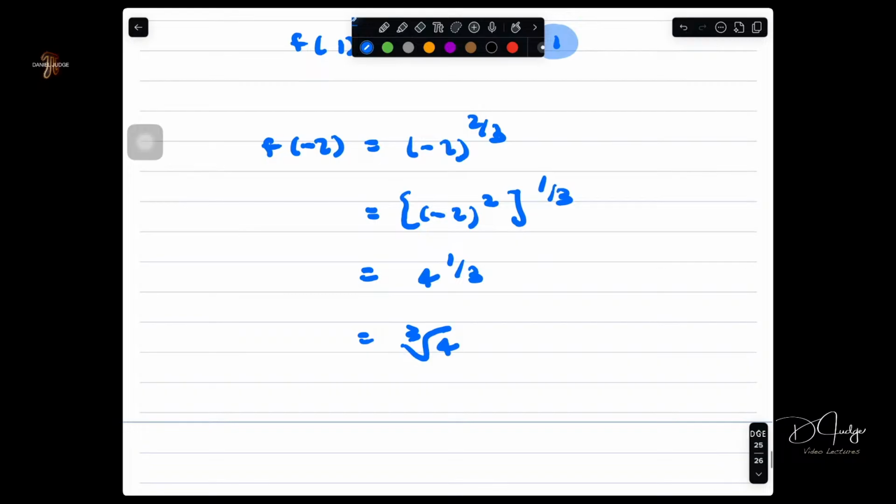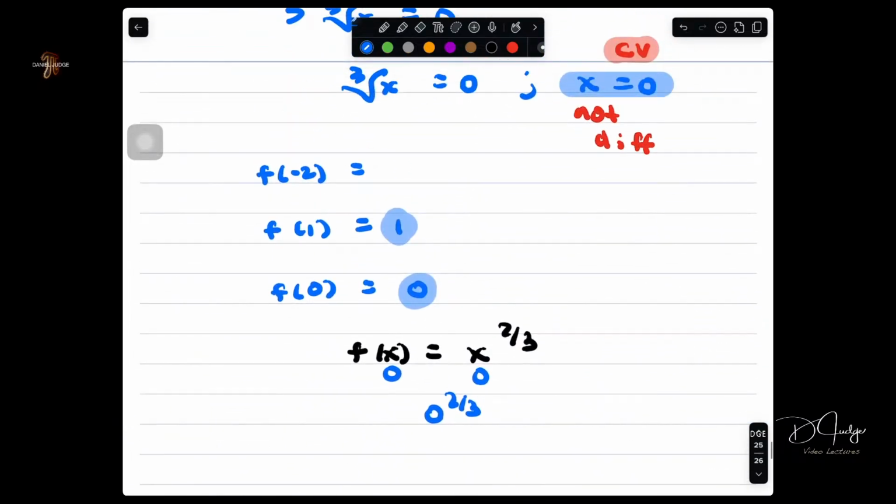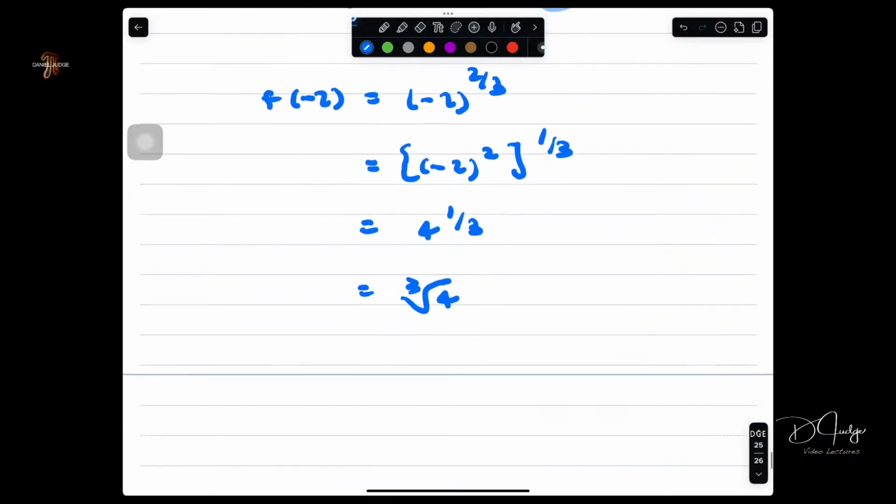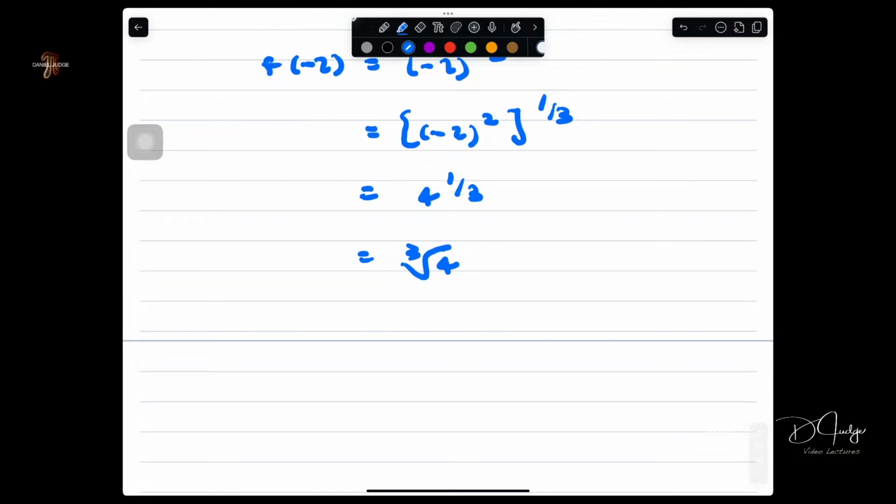The cube root of 4. Let's look at what this is. We're going to wake up our TI calculator and find what the cube root of 4 is. If we know that numerical value, compare it with 0 and 1, we can find which one's the largest, which one's the smallest, and we could be done with this.